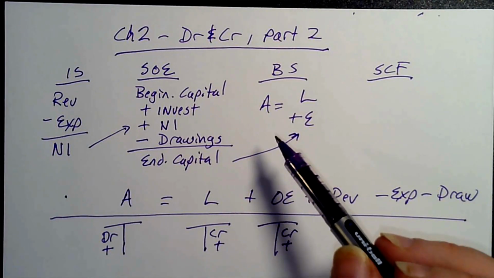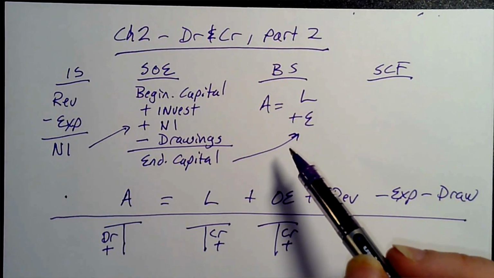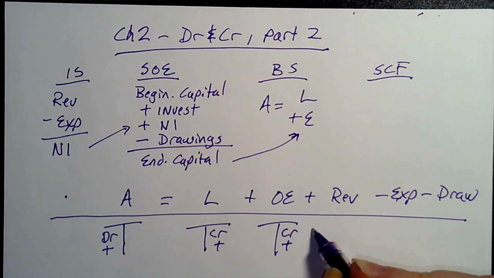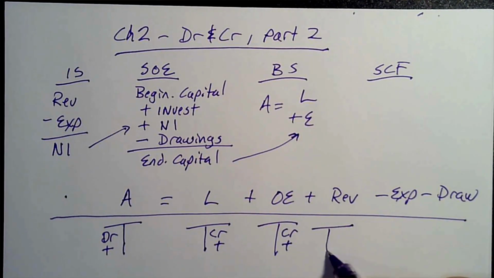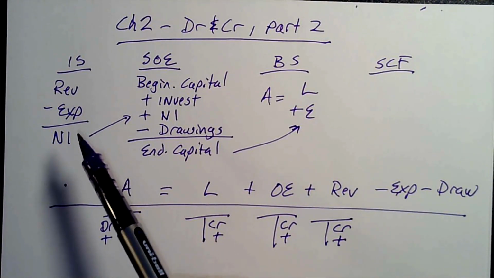An increase to revenue, after you follow it all the way through the financial statements, is an increase to equity. So we're going to say that it behaves like equity, therefore on the debits and credits, it will be like an equity.